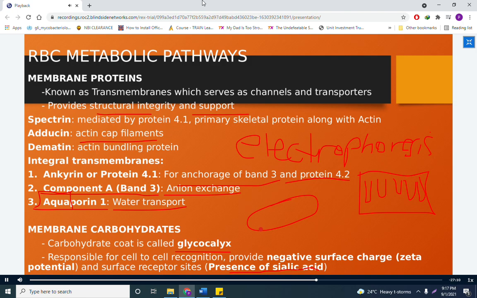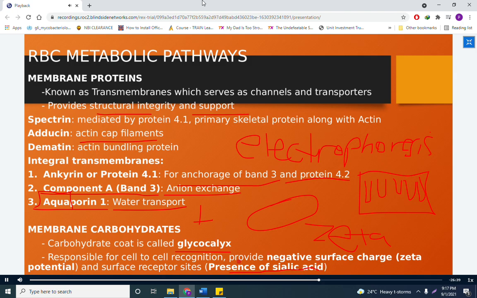Now, the glycocalyx class, its surface, we have what we call positive and negative charge. The surface of the glycocalyx is negative charge. Now, this is what you call zeta potential. So, if you're asked, what do you call the negative surface charge of the RBC? It's known as your zeta potential. Now, zeta potential class, it happens because of the presence of your sialic acid.